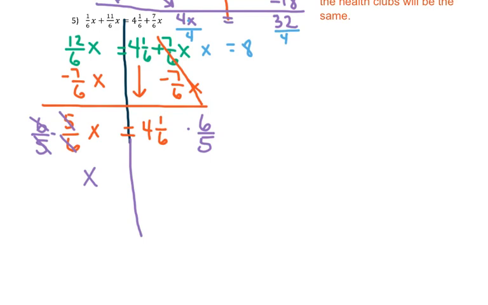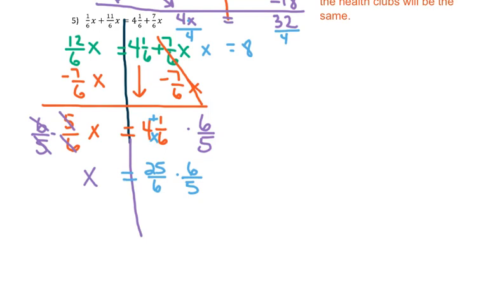So we have to review that we learned in elementary school. 4 1/6 we need to change to a top-heavy fraction. So I am going to multiply 4 times 6 and then add 1. So 4 times 6 is 24, plus 1 is 25. So this becomes 25 over 6 times 6 over 5.